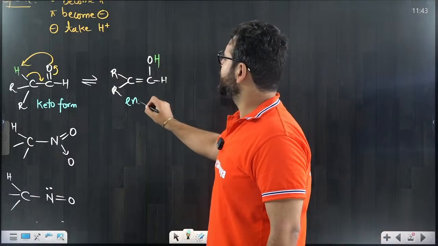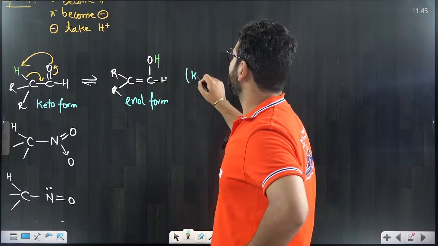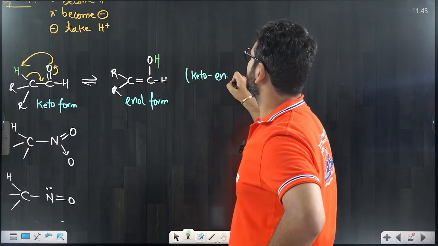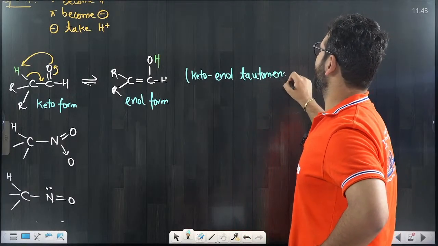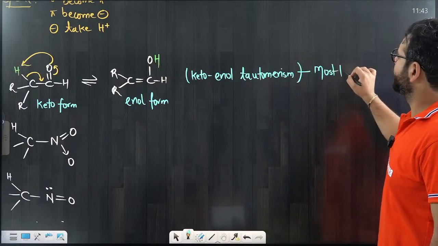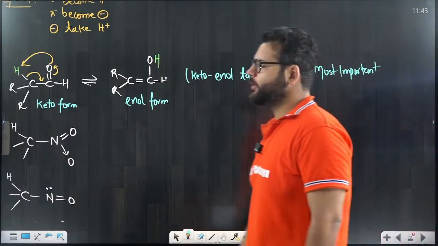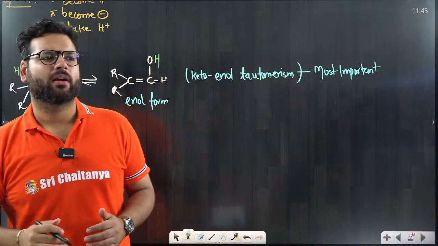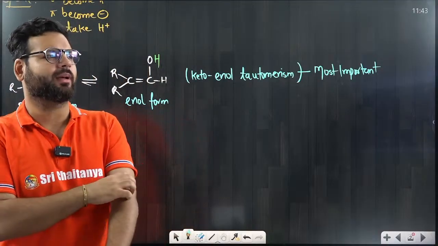So this is called keto-enol tautomerism. And this is the one which is most important. Any question which will come in NEET will be from keto-enol tautomerism. Niharika, you can ask me.